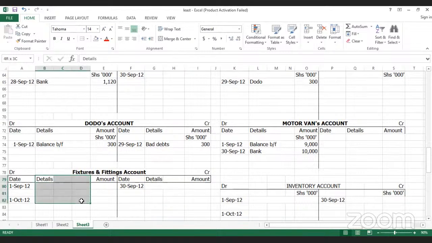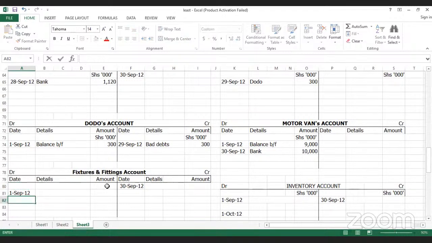Now what I have to do is to enter the details. Of course, at the start, that is 1st September 2012, there was a balance on that account. There is an opening balance, so we need to enter that opening balance. How much is the opening balance?